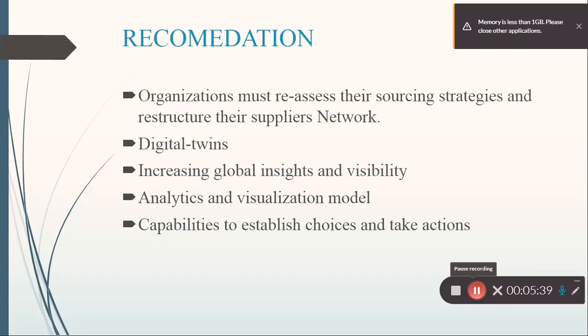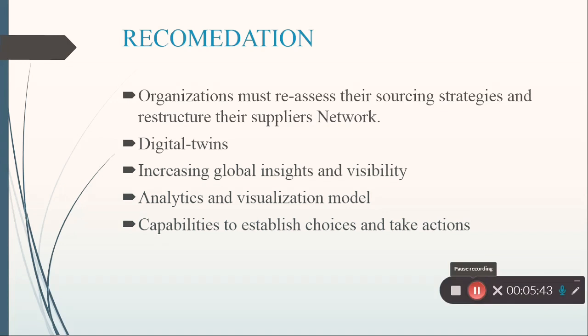Increase global insight and visibility, analytics and visualization model capabilities to establish choices and take action. So there are some capabilities we have to have while using the supply chain, so that we can take the necessary action.